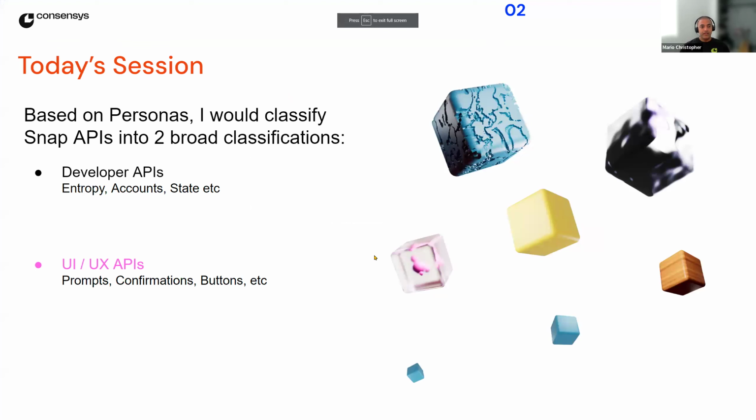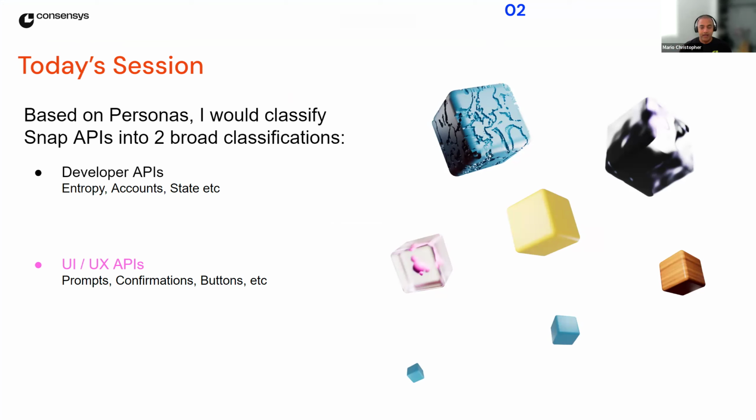So today's session, like I said, we'll be looking more at the technical aspect of the Snap building process. We are going to be looking at APIs. When I look at all the APIs that are available in a Snap, I kind of put them into two separate buckets, one based on a persona. One is a developer-based API.